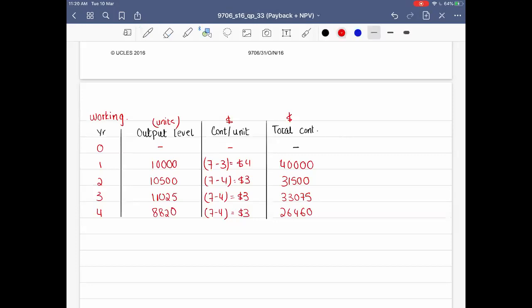Less fixed cost. Fixed cost each year is 10,000 and will remain unchanged.